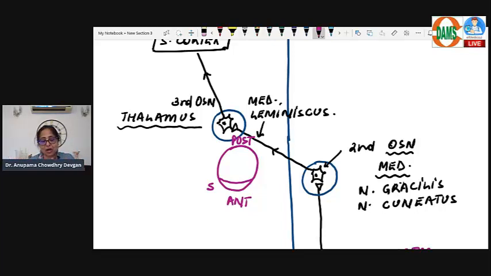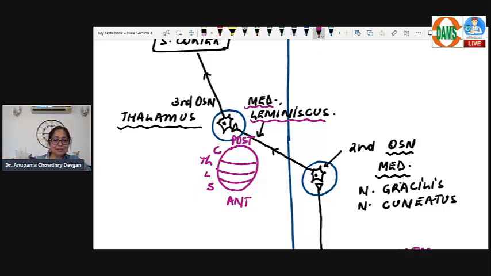Sacral fibers in the posterior column were medial, but in the medial lemniscus the arrangement is different. Sacral fibers, which were medially placed, cross over, twist, and lie anteriorly. Similarly, behind the sacral is lumbar, behind the lumbar is thoracic, and behind the thoracic is cervical.